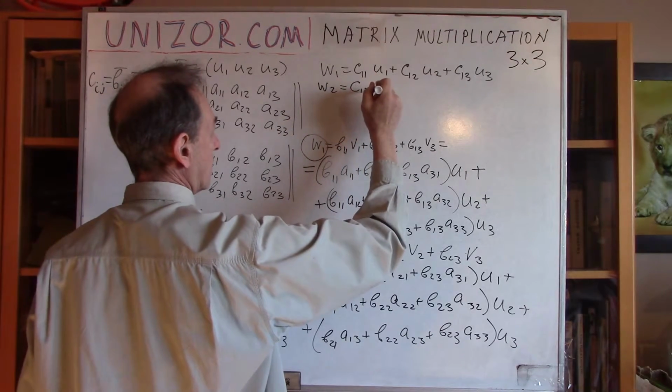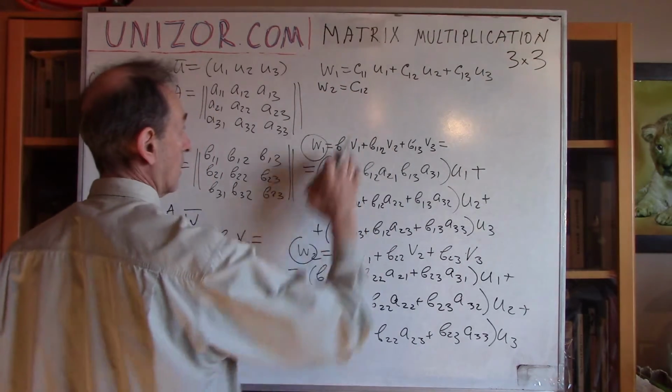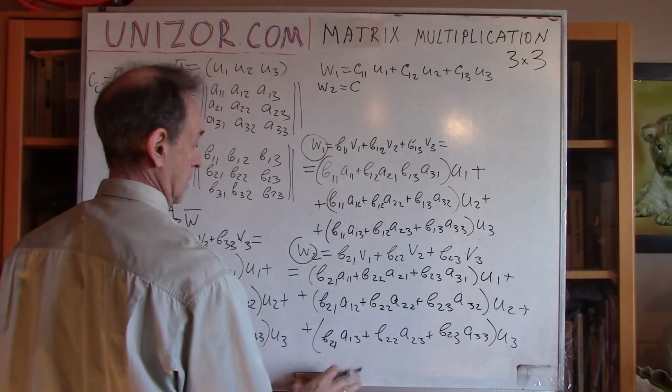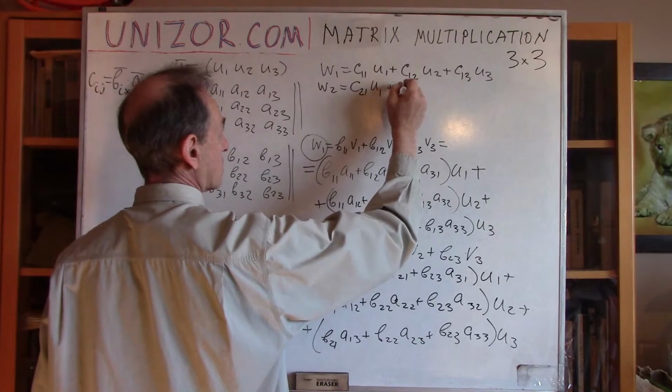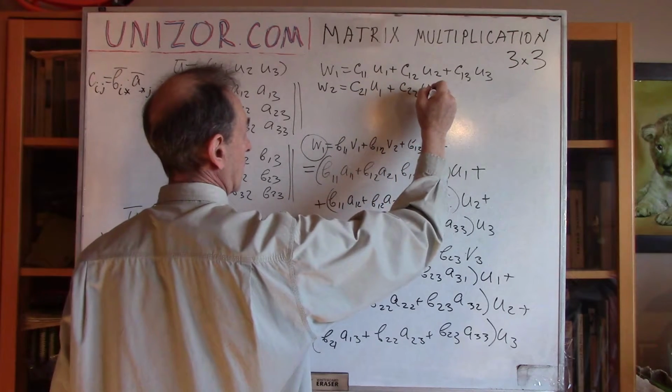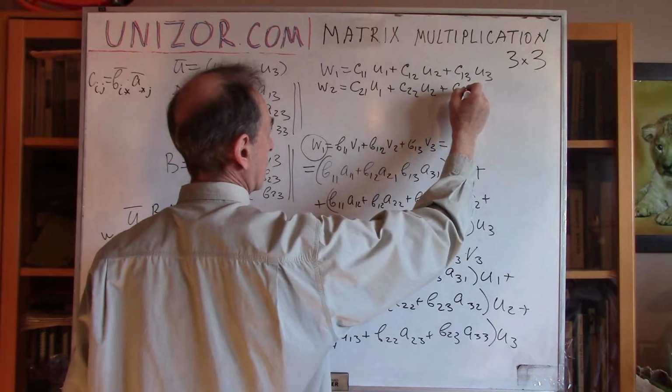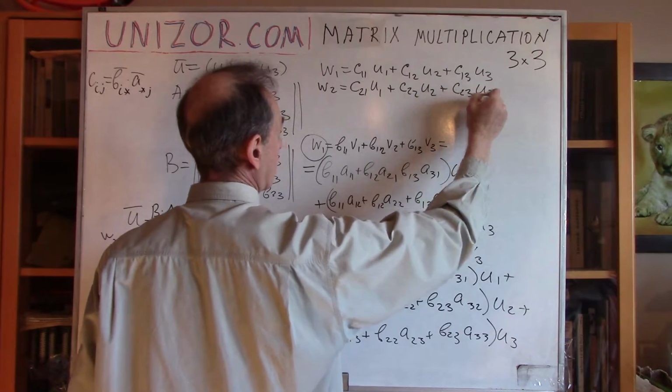So this is my ultimate matrix, which converts vector U into vector W.